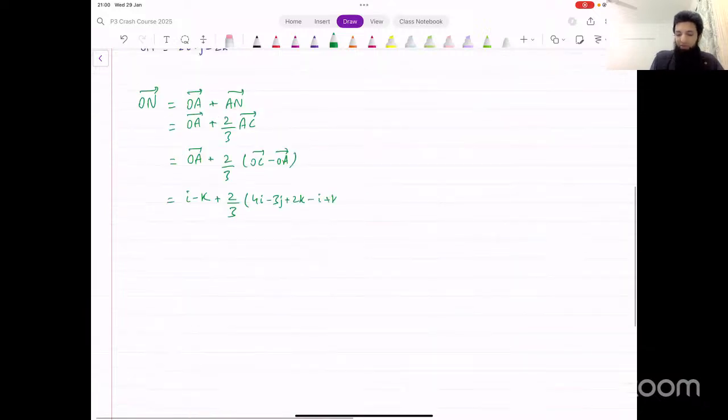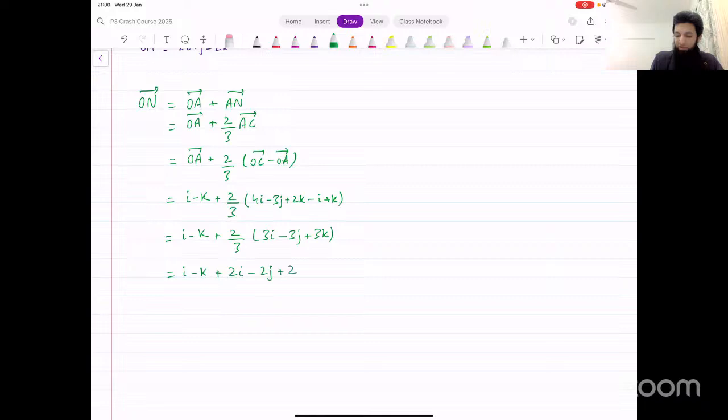Now you simplify this and see what that gives you. i minus k plus 2 over 3 times 3i minus 3j plus 3k, which simplifies to i minus k plus 2i minus 2j plus 2k. And we finally get 3i minus 2j plus k. That's the vector ON. That's one way of finding the vector ON. That's one idea that you could use.